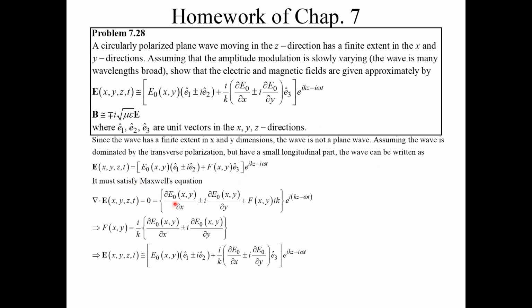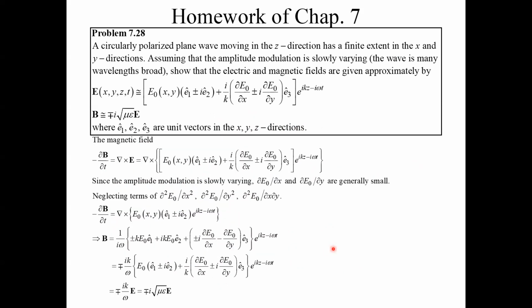The divergence of E equals to 0 because there is no source here, and so we can write down our function corresponding to x and y equals to this one, and we apply it back into our original formula, and we will get the answer for E field here.